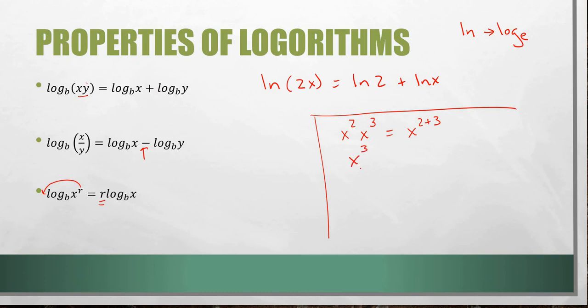If I am dividing, I am going to subtract their powers. And if I have something raised to a power, it really is multiplying 3 times. So a power becomes a multiplier. They're not exactly the same word for word, but we can see how exponents and logs do have a relationship to each other. You don't have to put this in your notes.